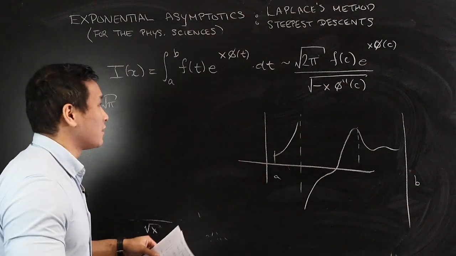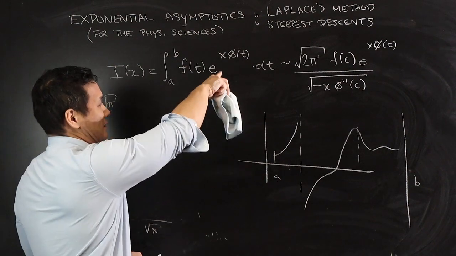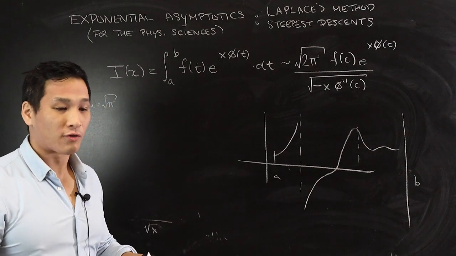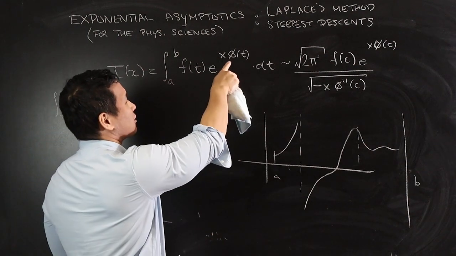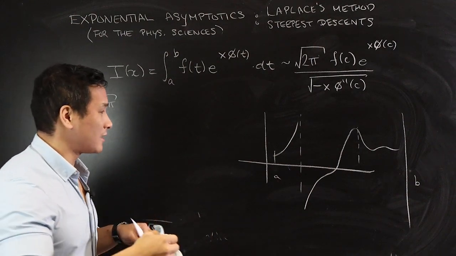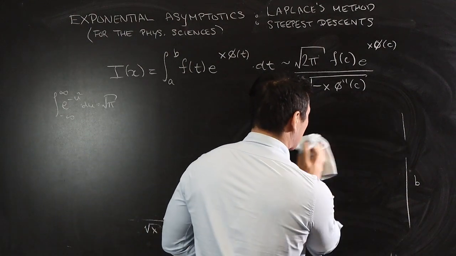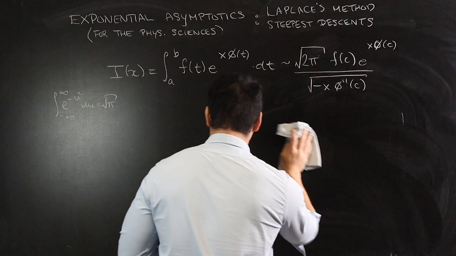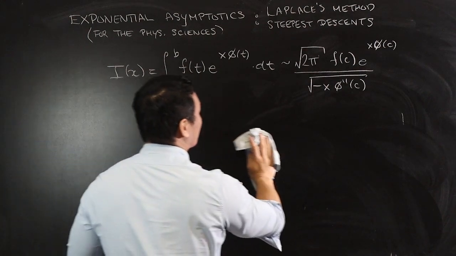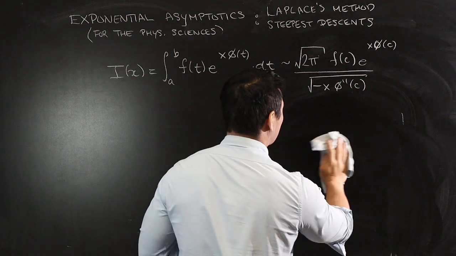But the philosophy is essentially when x is large, this exponential factor is so overbearing that most of the dominant contributions are going to come from the maxima of phi. So this is a nice segue into the method of steepest ascents. And the method of steepest descent is kind of like the full generalization of Laplace's method.